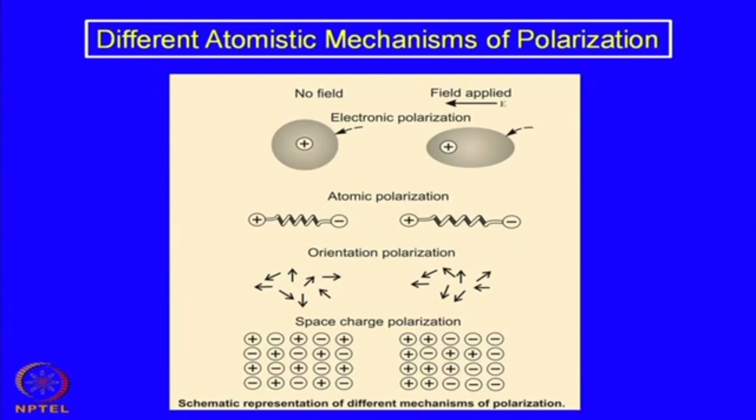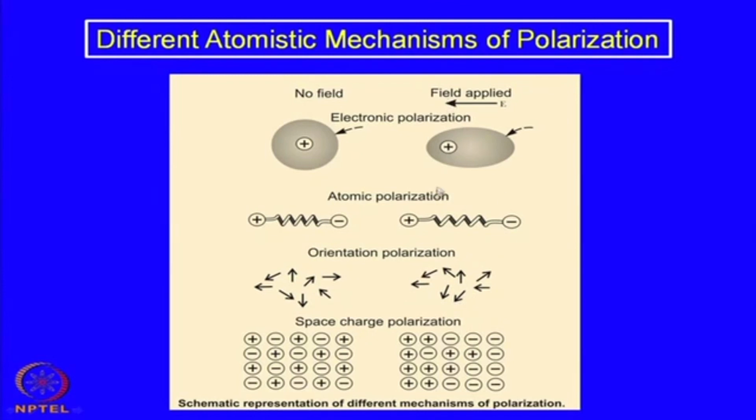Some dipole moments are already present, but they are randomly distributed, directed in different directions, and therefore the net dipole moment of the overall solid is 0 here.